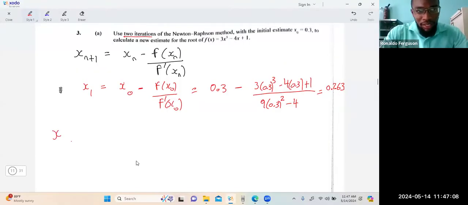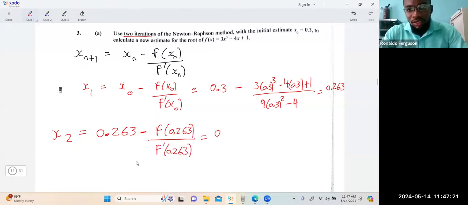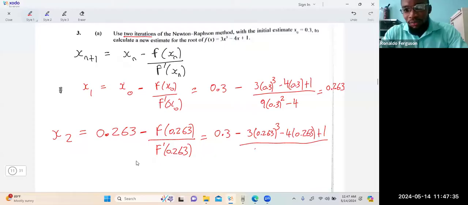So now x2 is going to be 0.263 minus f of 0.263 over f prime of 0.263, which is equal to 0.3 minus 3 times 0.263 cubed minus 4 times 0.263 plus 1 over 9 in bracket 0.263 squared minus 4.